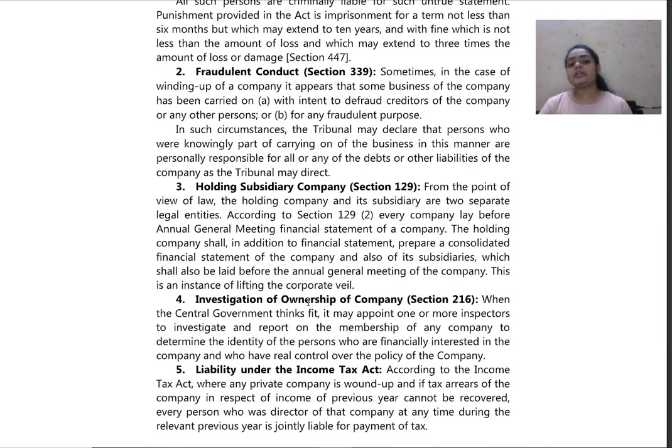So whoever has been fraudulently doing this, or whoever the tribunal declares to be responsible, every such person shall be personally responsible for paying all the debts and other liabilities of the company, and it shall be directed by the tribunal how it shall be paid, how much it should be paid, and in what circumstances it shall be paid.